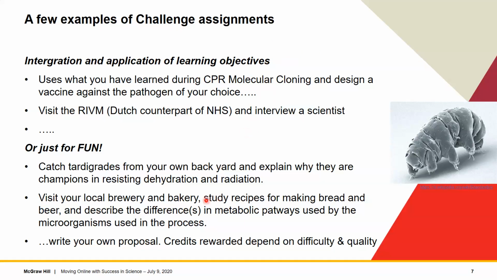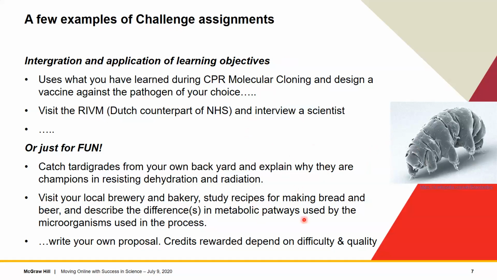So students can go to their backyard and isolate or catch tardigrades. These little animals, microorganisms, are really resistant against dehydration and also cosmic radiation. So they have to sort out how that works.